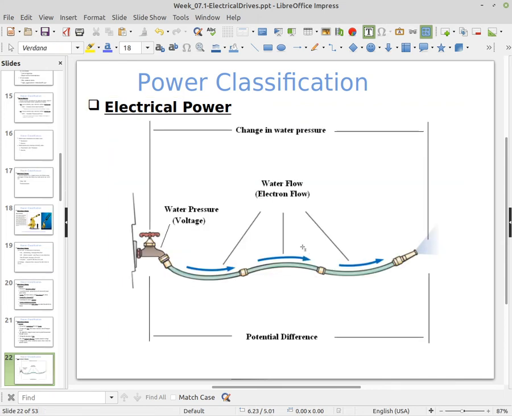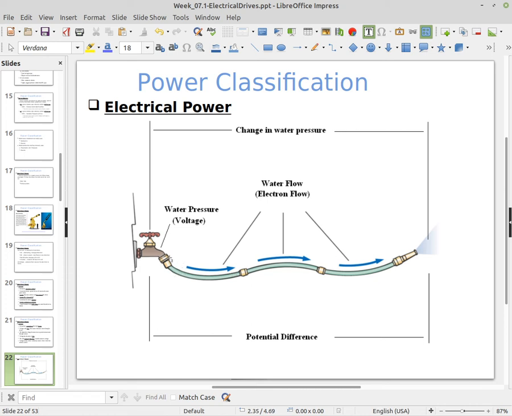An analogy of electrical energy or electrical power is with water. If you think about a hose attached to a spigot, you have pressure at the spigot, and when you open the valve, the water starts flowing.